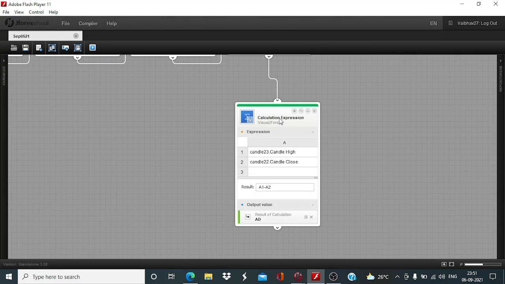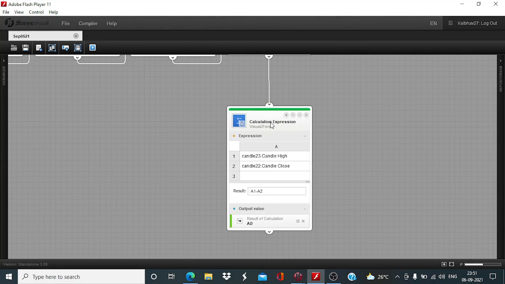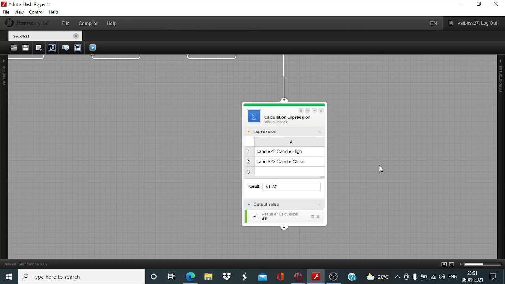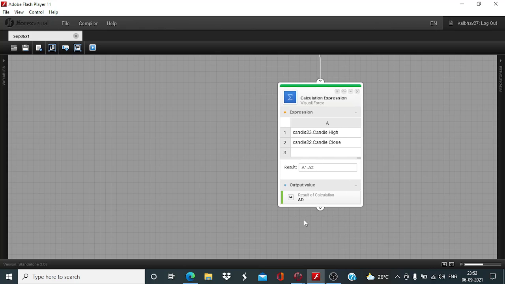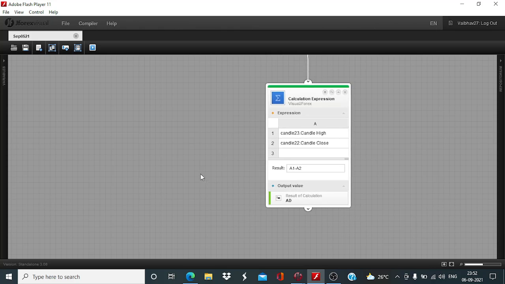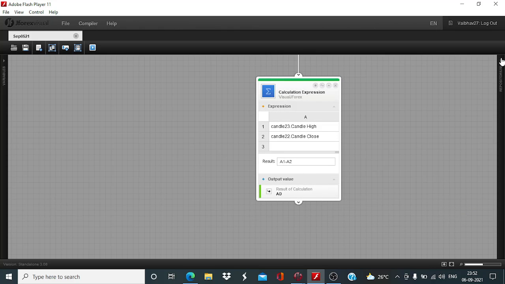We have the actual difference here now. But this variable, you have to remember, is in double data type, and to be utilized in the trade command block, we will need to convert its data type to integer.